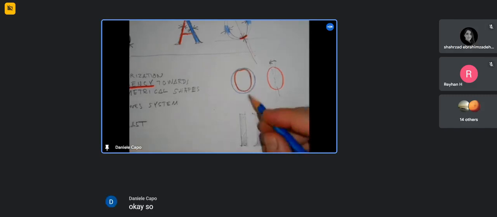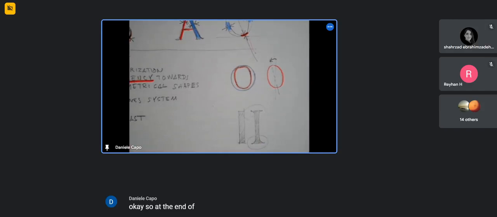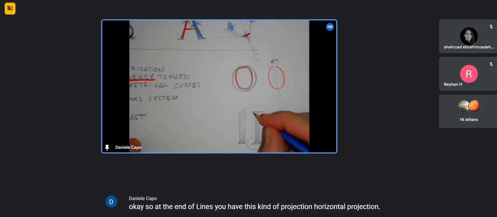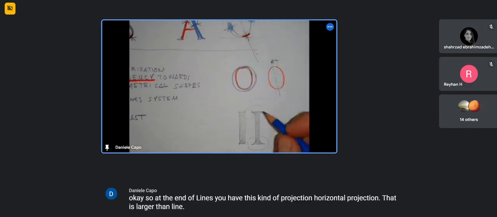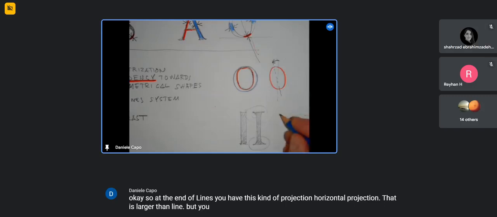Okay, so at the end of lines, you have this kind of projection, horizontal projection that is larger than the line, but you also have the same thing in letters like E.